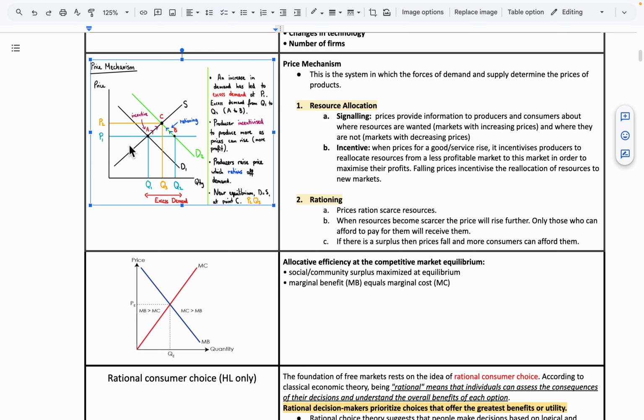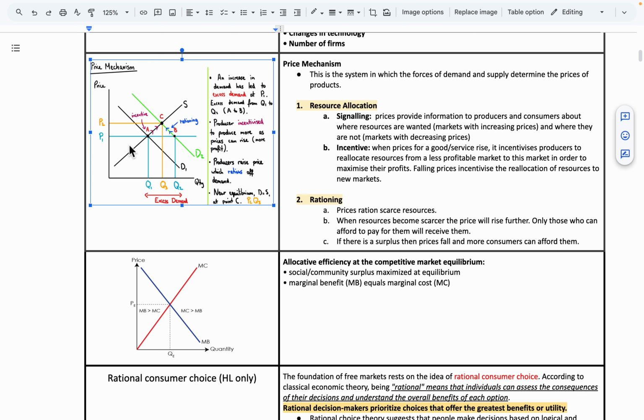So signaling is like prices provide information to producers and consumers about where resources are wanted, markets with increasing prices, and where they are not. So incentive is when prices for a good or service rise, it incentivizes producers to reallocate resources from a less profitable market to this market in order to maximize their profits.